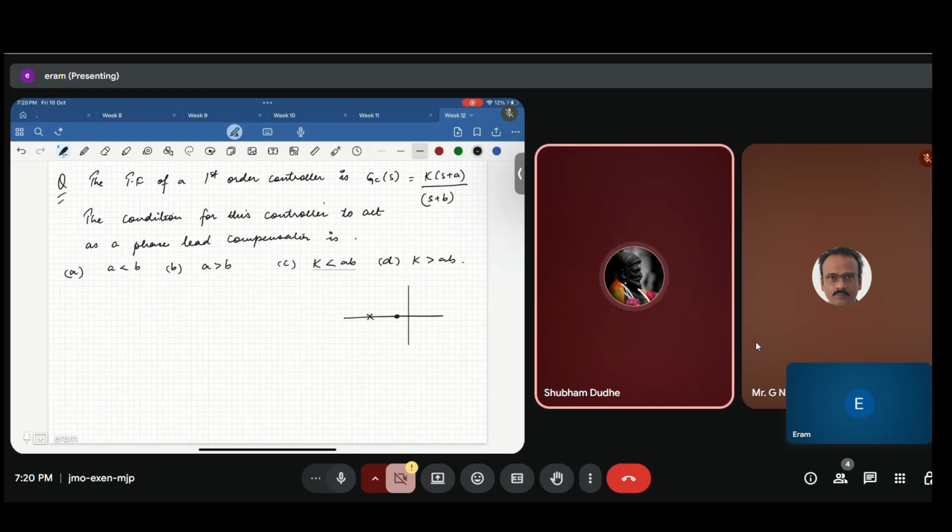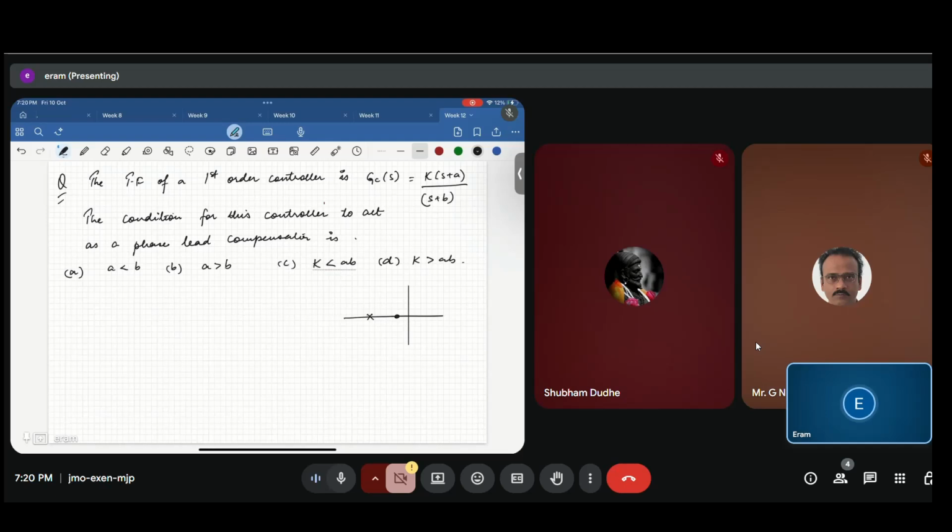A is less than B. Yes, A less than B is the correct option, because to have a lead compensator, this should be minus A and this should be minus B. So B is greater than A.